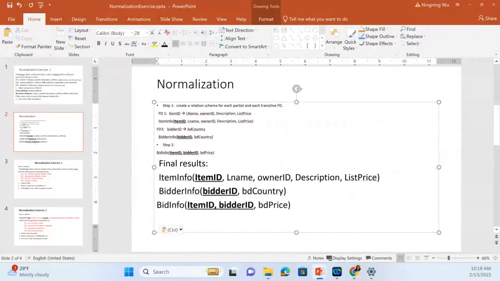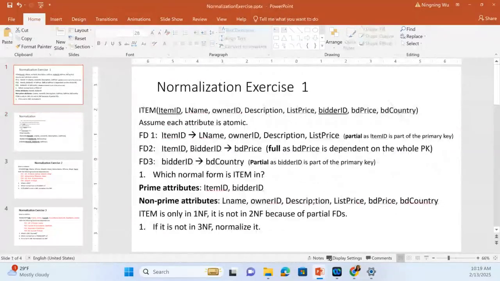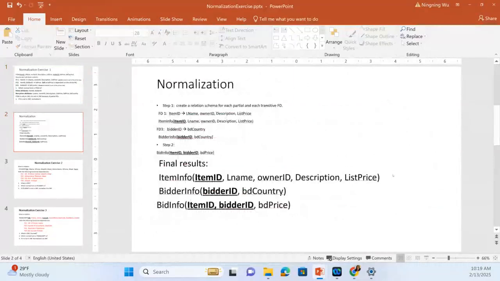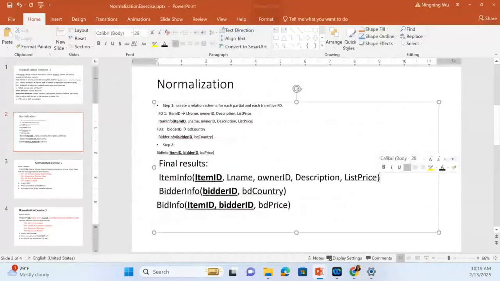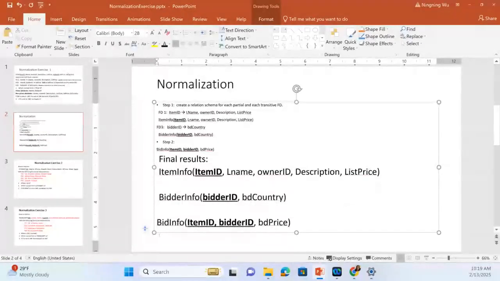So these three will be used to replace the item schema. In practice, if you need to implement this database, you no longer need the item table. Instead, you're going to have 3 smaller tables: item info and bidder info, and then bidding, maybe I put it into the bidding info.